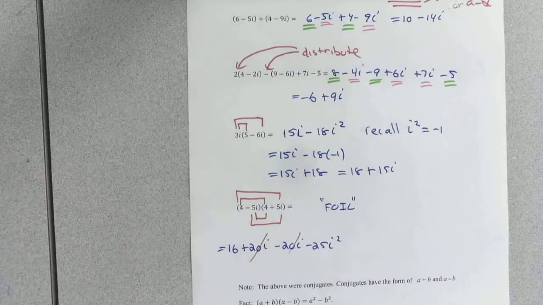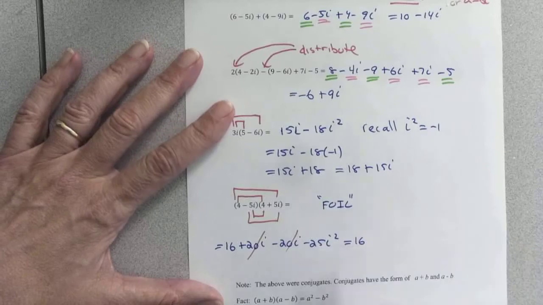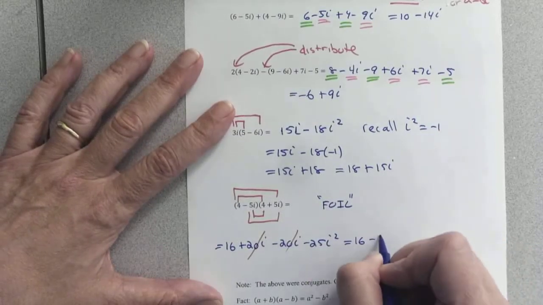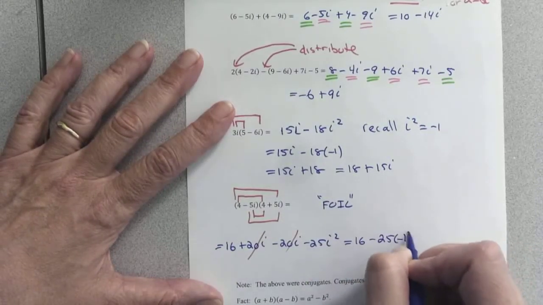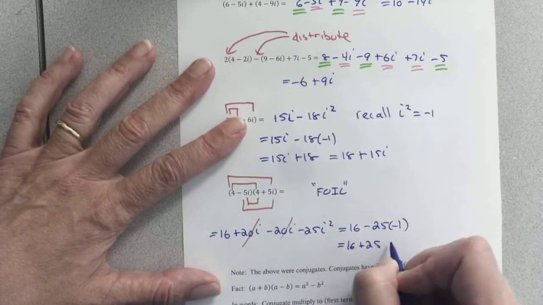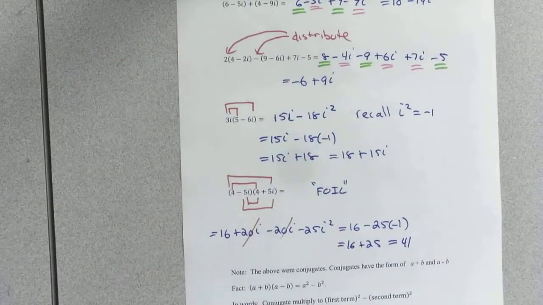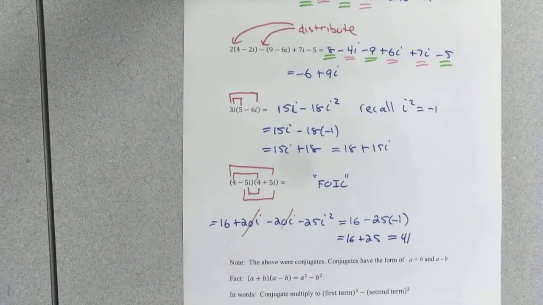The middle terms are opposites, so they're going to cancel. I replace that i squared on the end with negative 1. And so I have 16 plus 25 for 41.